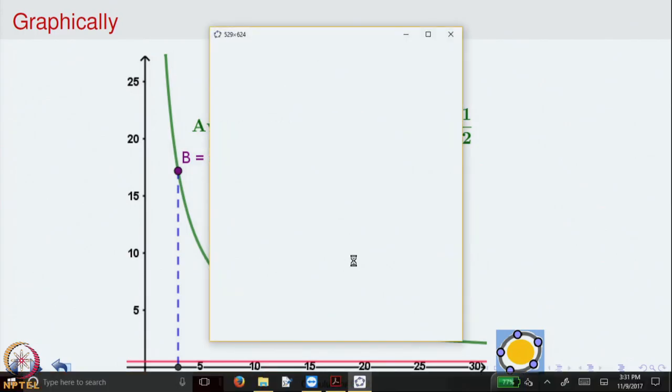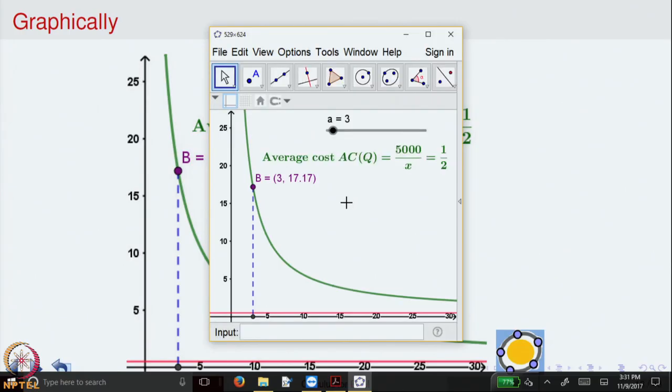Basically, the idea is that the value of the function becomes smaller and smaller. This is the graph, and here the point b has x equal to 3. There is a minus sign here which can be corrected. If I move the point, if q becomes larger and larger, the value is becoming smaller and smaller.